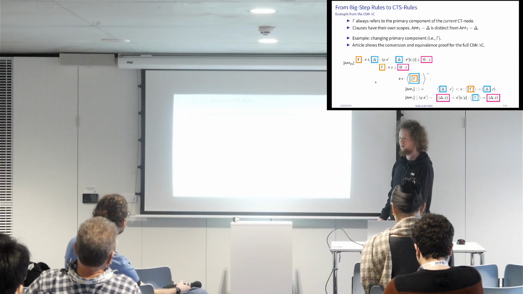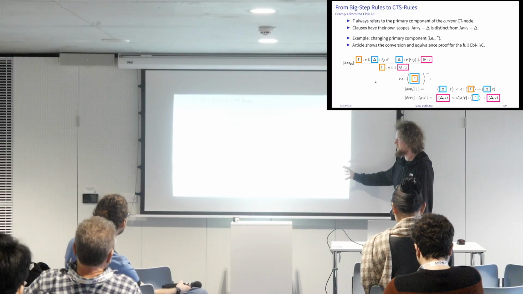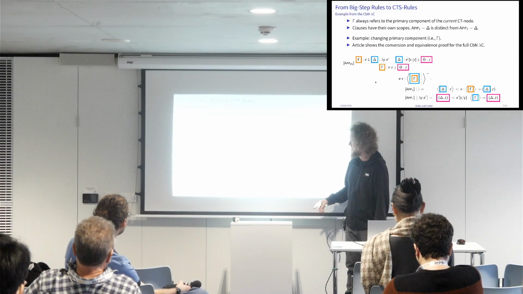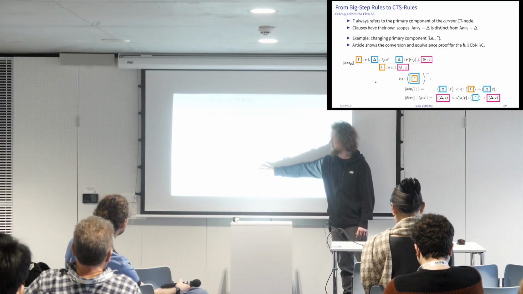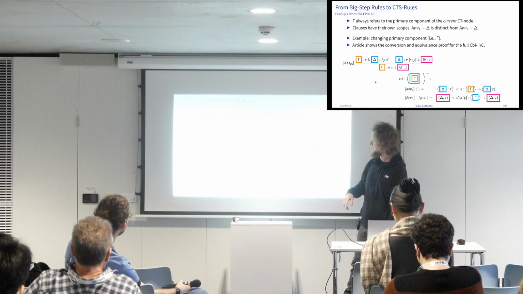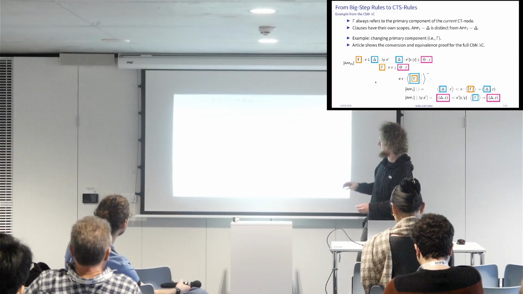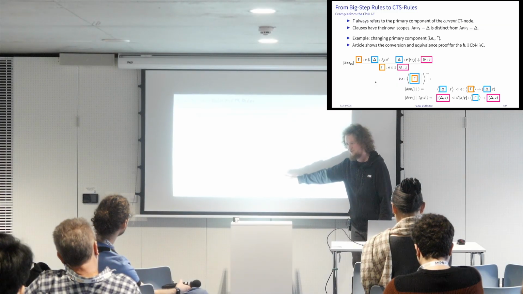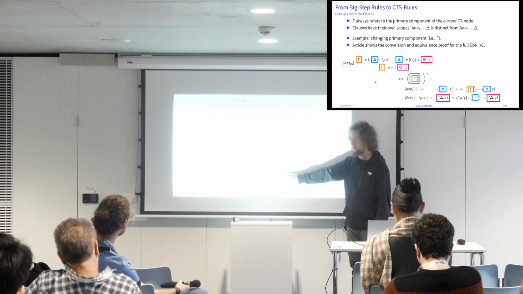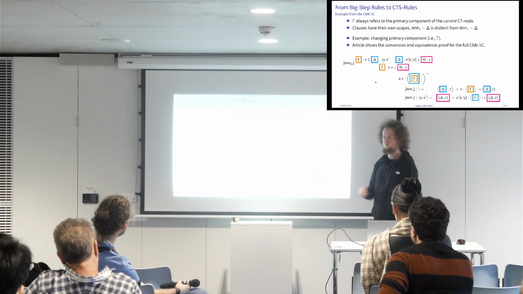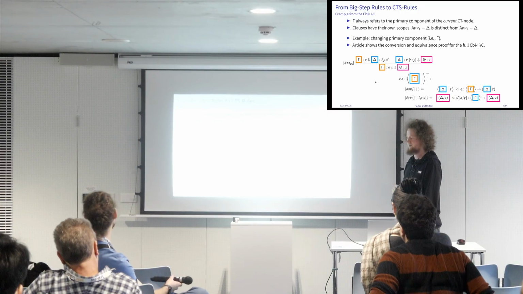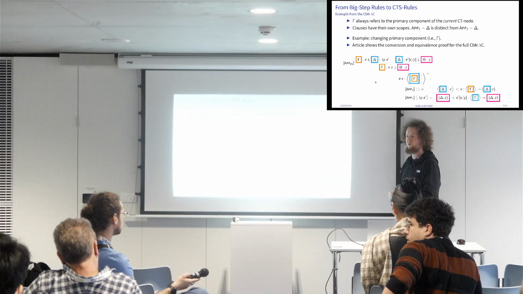When we convert it into a CTS rule, the primary concern is to ensure that the data flow is retained. The primary component retains the current state that we're evaluating in, so the biggest challenge there would be to ensure that we always have the latest state in the primary component. And of course, automating that conversion would also be a challenge, but definitely doable since we have data flow analysis.